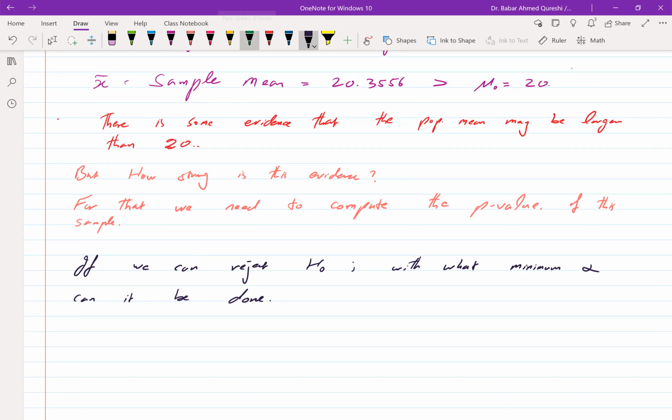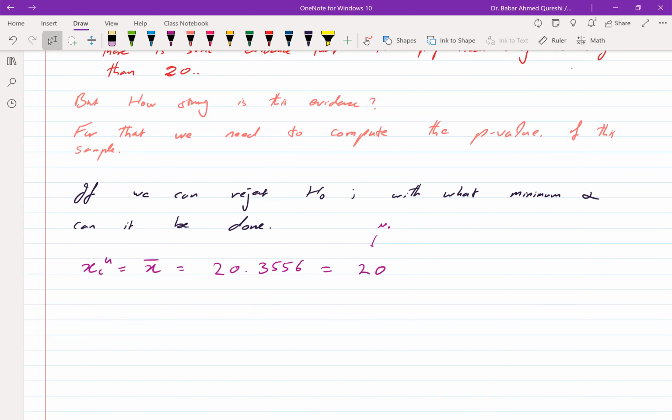And how you're going to do it? By putting the upper critical value equal to what you actually got, because that's the maximum you can do. So this is what you got, and this is equal to the population mean, the one which is claimed, plus, now this time you do not know the critical value.